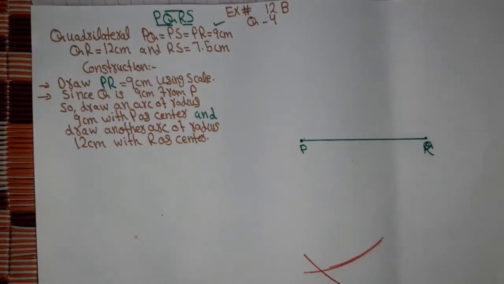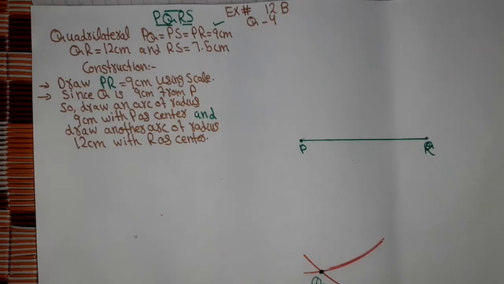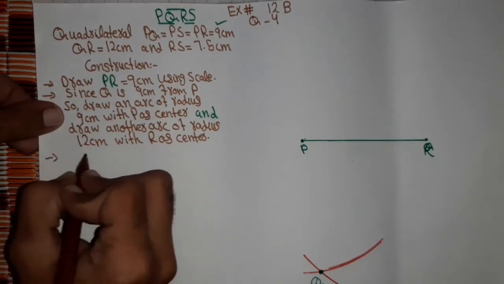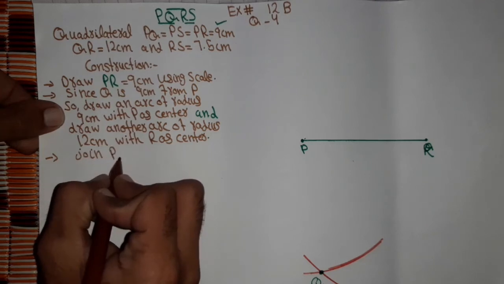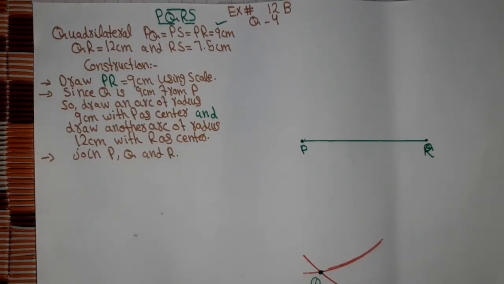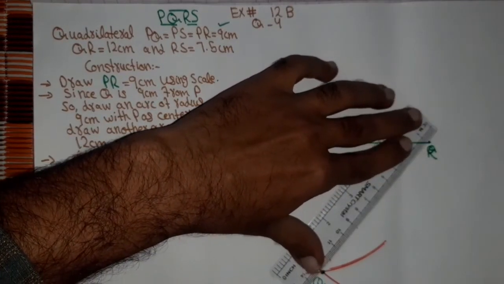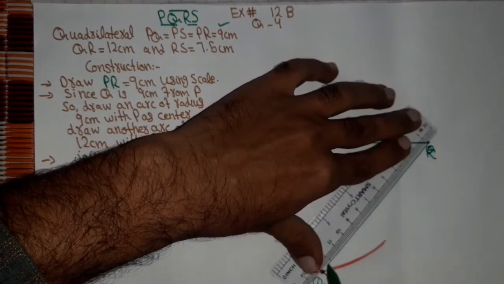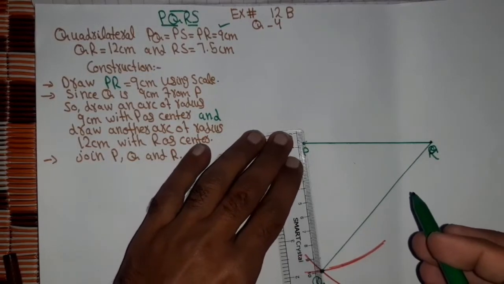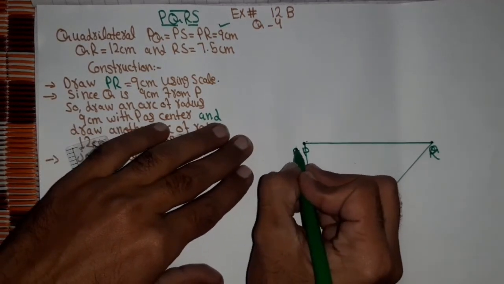This is point Q. Now we will join P, Q and R. We will join these points with a scale. So this is point P, P, Q, R.